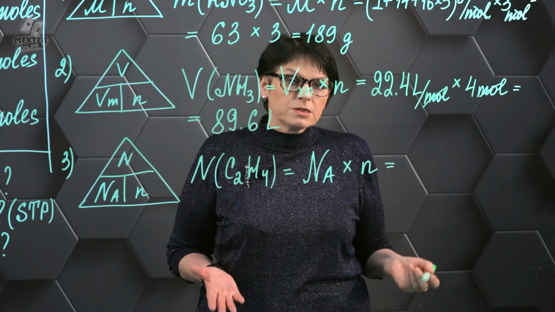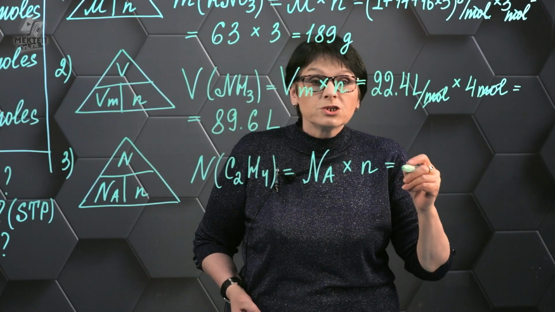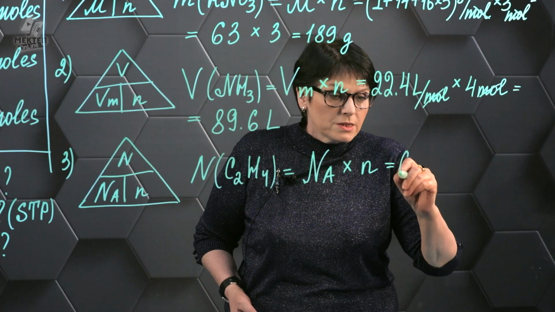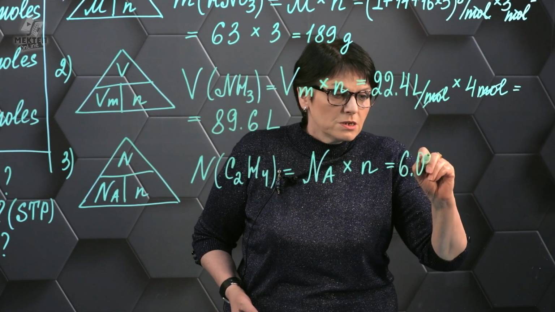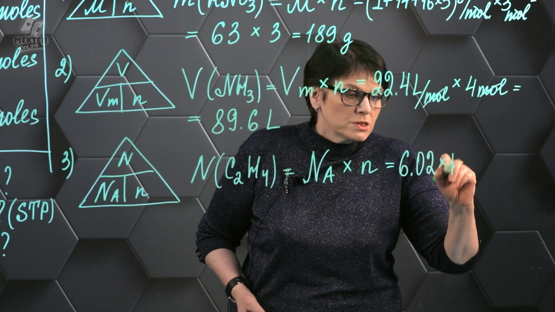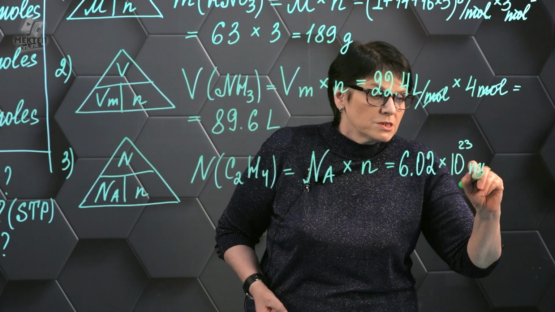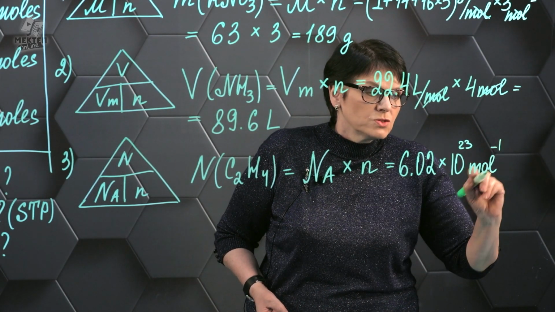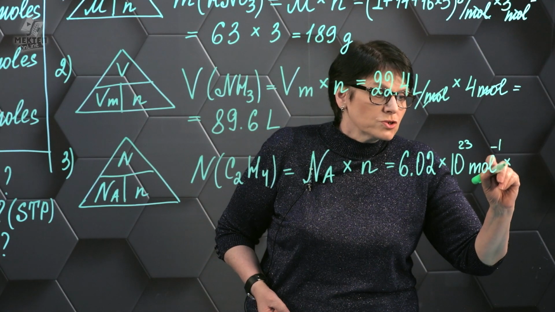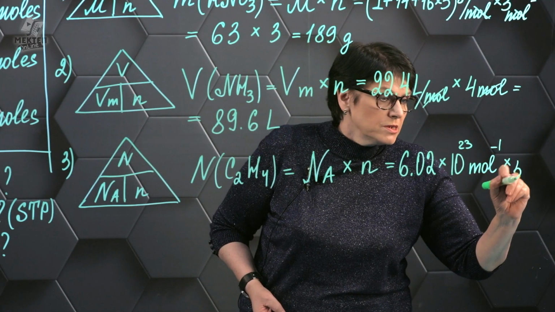The Avogadro number is also a constant, and it's 6.02 times 10^23. The dimension of this number is mole to the minus 1. And multiplied by 5 mole.